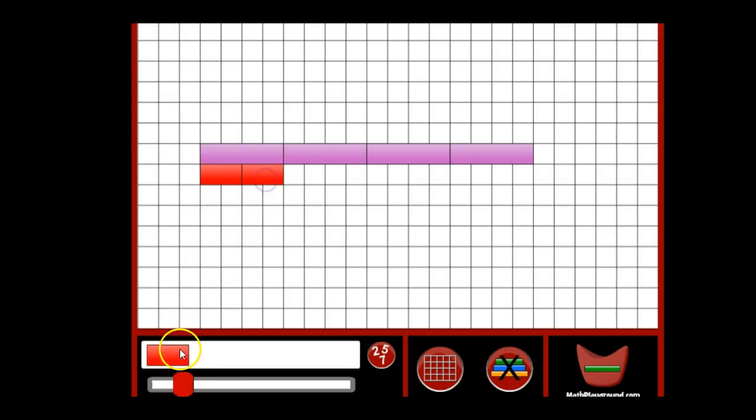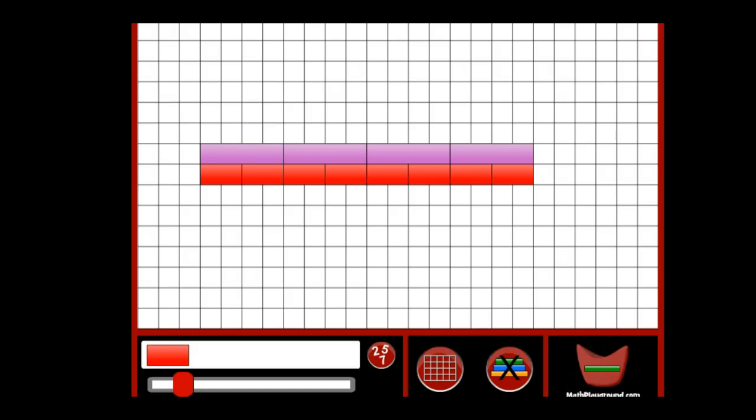So say, okay, there's 1, 2, 3, 4, 5, 6, 7, 8. So there are 8 halves in 4 wholes. So 4 divided by 1/2 is going to give you 8.